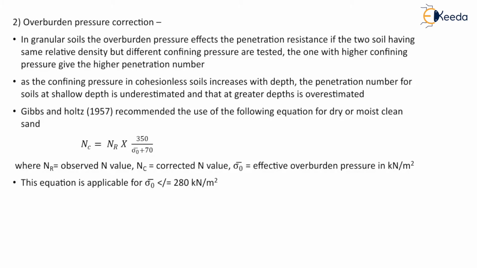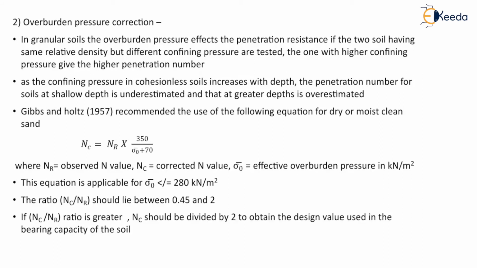This equation is applicable for sigma naught bar less than or equal to 280 kilonewton per meter square, and the ratio Nc by NR should lie between 0.45 and 2. If the ratio Nc by NR is greater, then Nc should be divided by 2 to obtain the design value used in the bearing capacity.